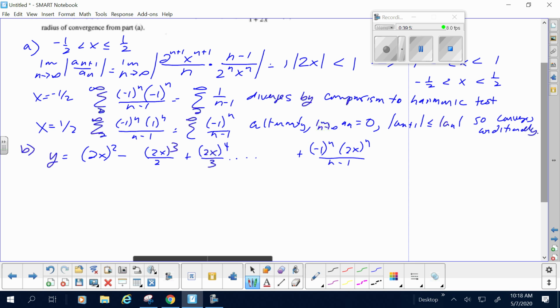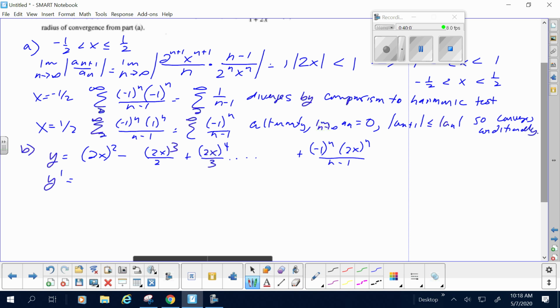over n minus 1. Now I'm trying to build out that left side, so now I'm going to find y prime. Y prime is the derivative of these. I'm going to take these numbers and variables separately.